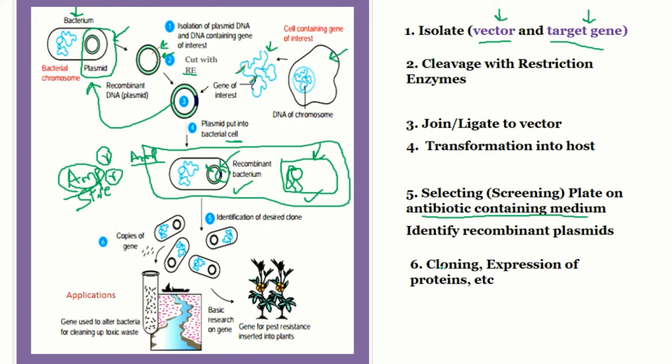Step number 6. Why are we doing all this? We said that the combinations are useful to science, agriculture, medicine, and so on. So for what reason is where we have step number 6. Mainly, we have cloning, and cloning means many copies, making many copies of something.